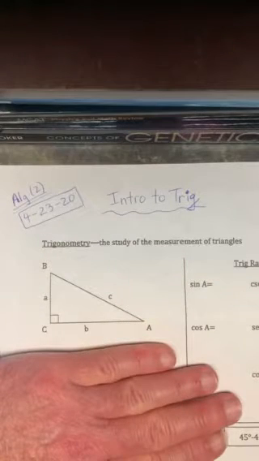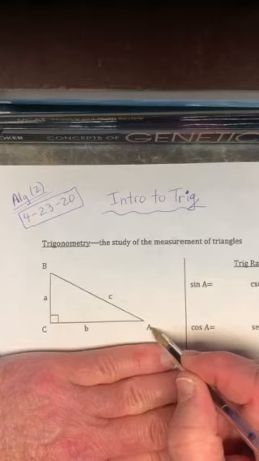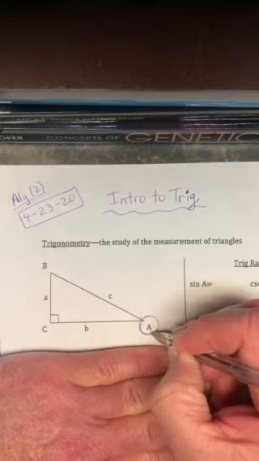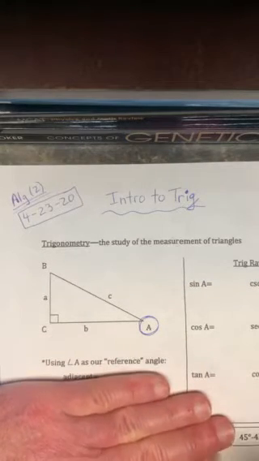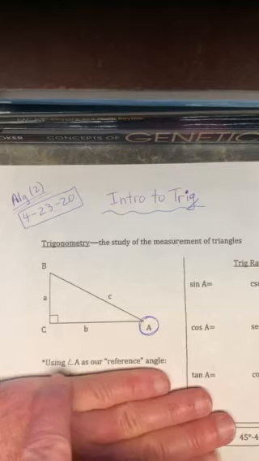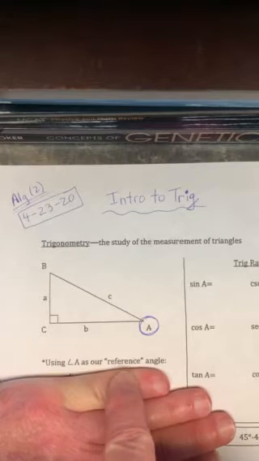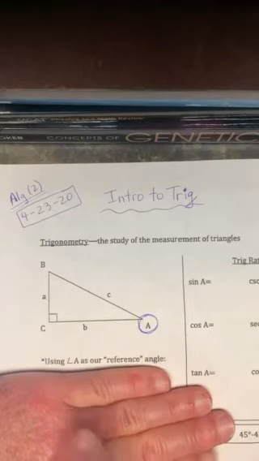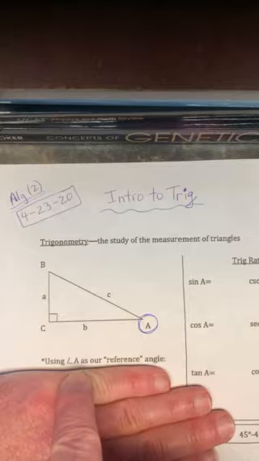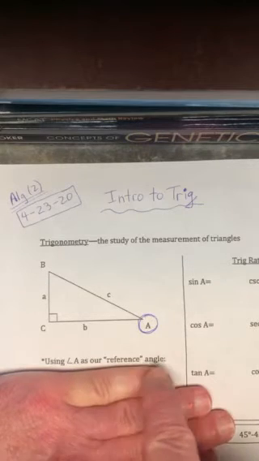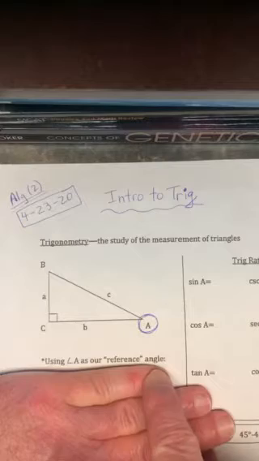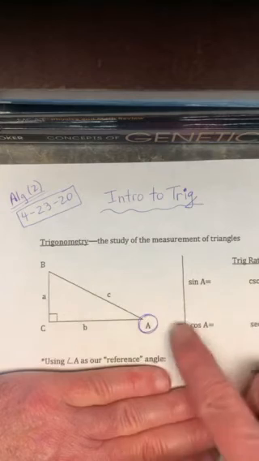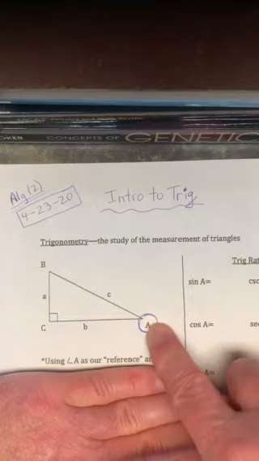So for now, just to pick an angle, let's focus on angle A. Everybody circle angle A on your paper and make a note with a star that we're using angle A as our, quote, reference angle. A reference angle simply means the angle we are referring to. We're referring to angle A and focusing on angle A in this picture.